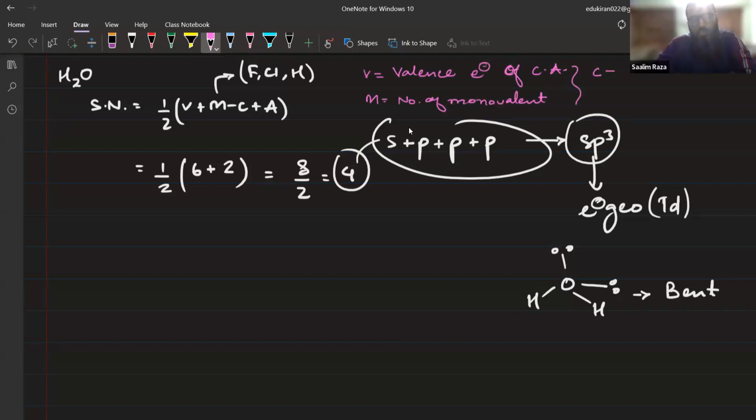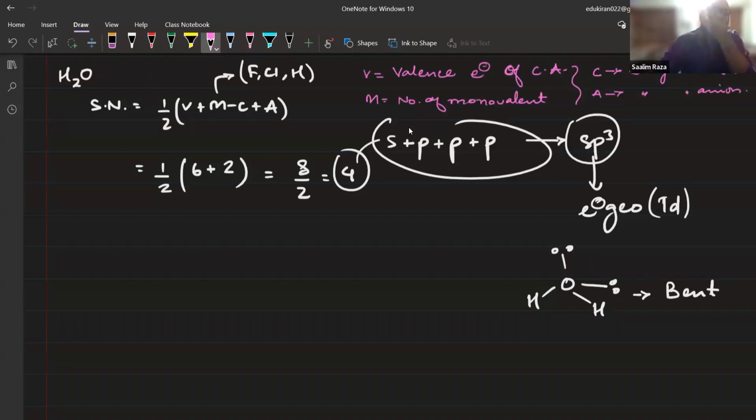C is basically you are never going to use in your standard. Generally school teachers do not give cationic charge. So if there is a molecule that is having a cationic charge, then C represents the charge on the cation, and A represents the charge on the anion.